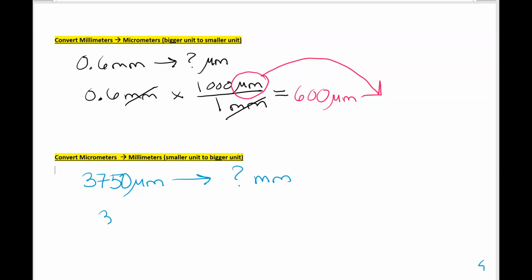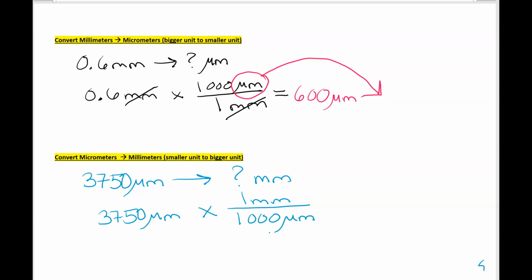So I have my 3,750 micrometers. I know that my conversion factor is still 1 millimeter per 1,000 micrometers, but I want to make sure that I can carry over the millimeters to the answer.